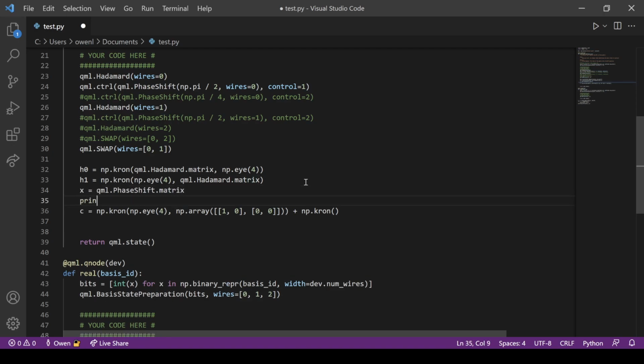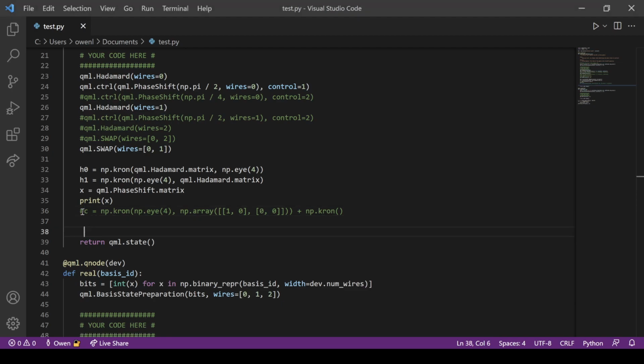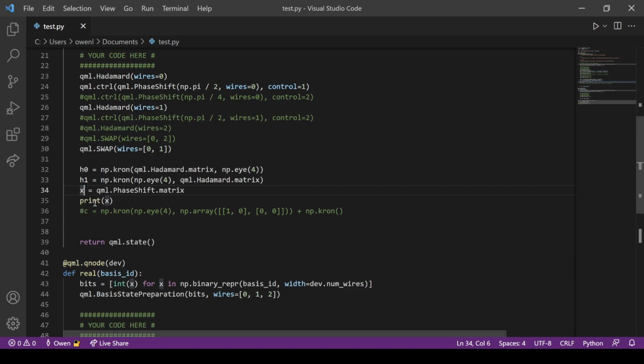Let me see what happens if I do this print x. Let me see, can I do this one?